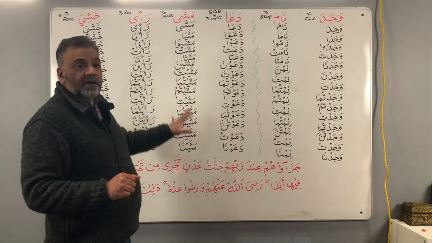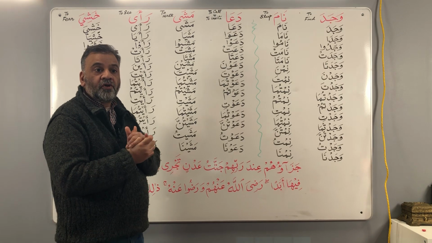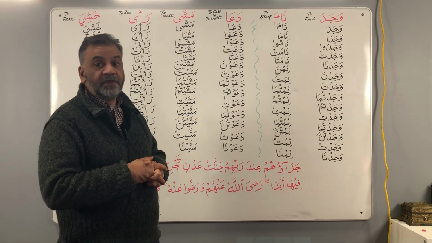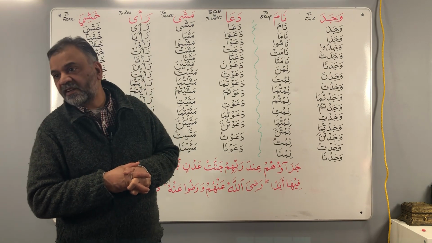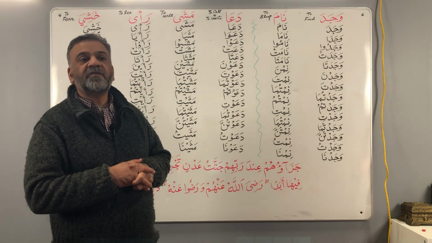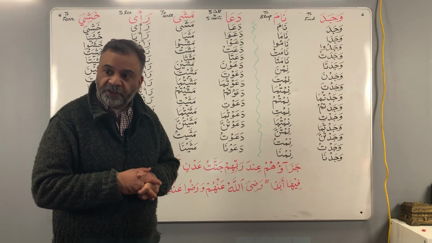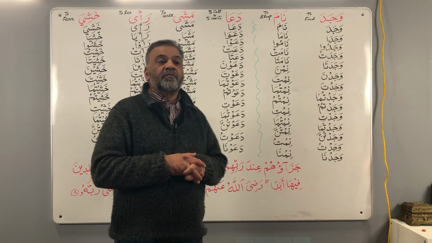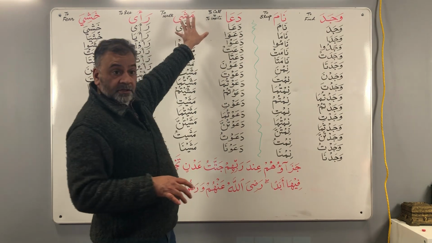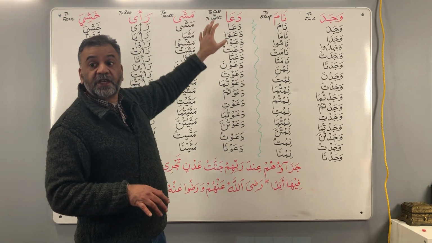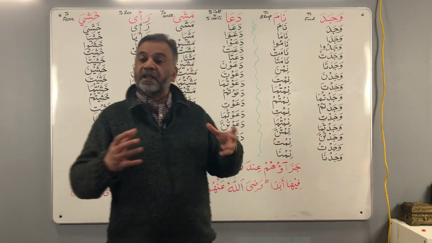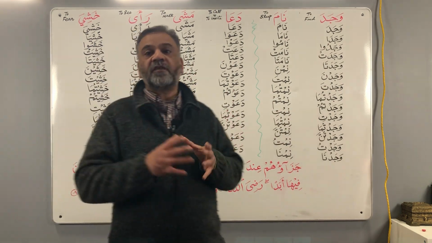What's happening here? Ayn kalima is not getting the kasra, even though it's compromising itself. Sometimes we talk about exceptions in the Arabic language. Why? Because I cannot, in any case, destroy the original verb, and in the original verb the ayn kalima has the fatha.